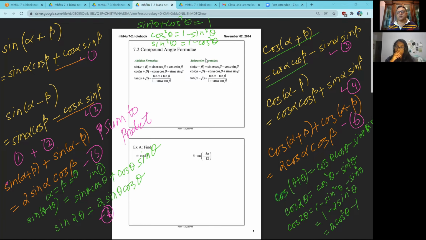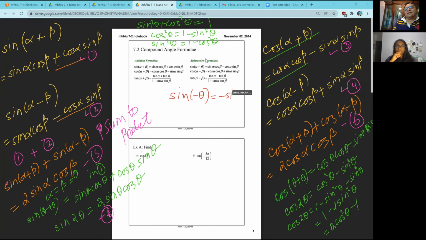Do you see on this page, we have 7, 8, 9, 10 formulae already. So starting with these 2 basic formulae, which are sine alpha plus beta and cos alpha plus beta, we get everything. You understand? You should understand one more thing from here, and that is very important. What is sine of minus theta equal to?